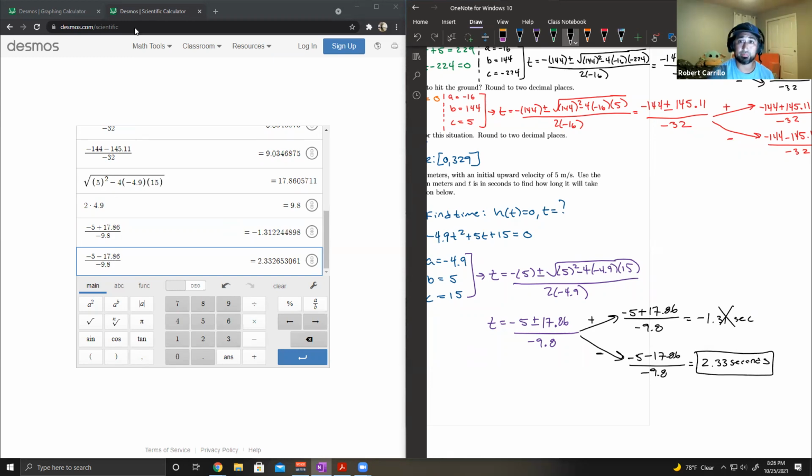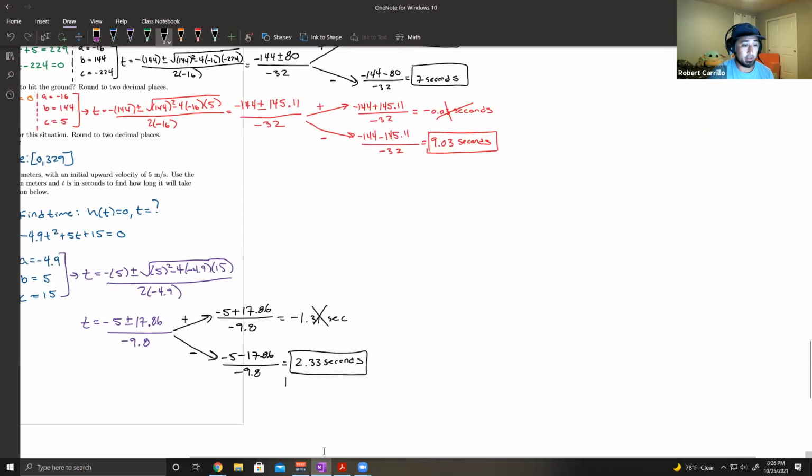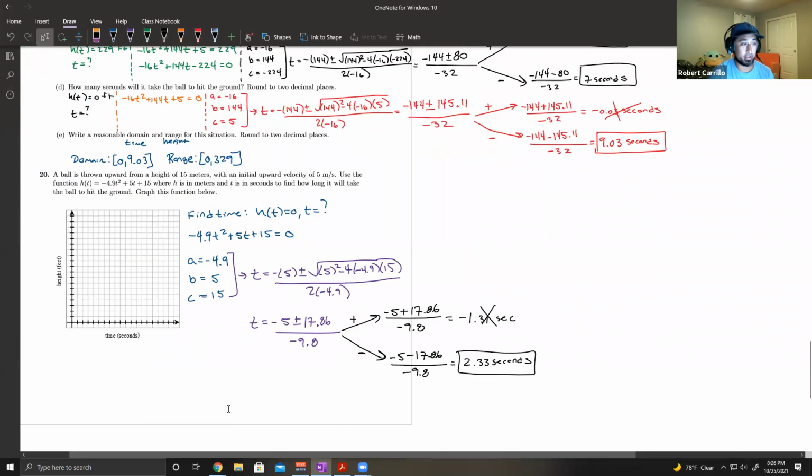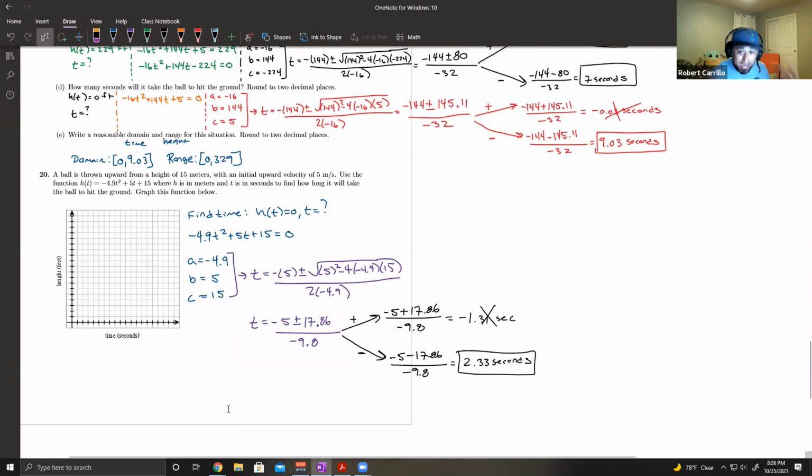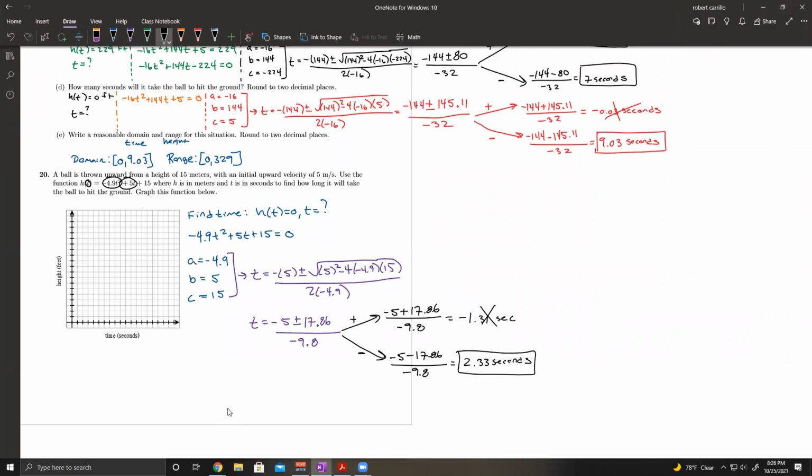Okay, cool. Now, last part is to just graph this function. If time is 0, what height do we start at? 15.